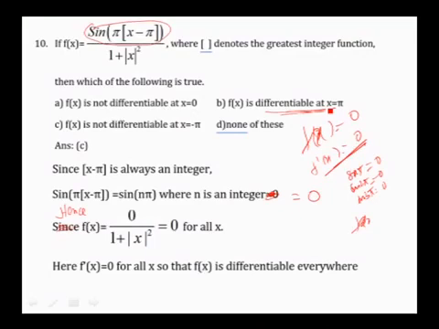Here the option is actually not C, not 'not differentiable', the option is B. Please correct that, option is B. You can even modify this and write f(x) is differentiable everywhere, and there is nothing wrong.